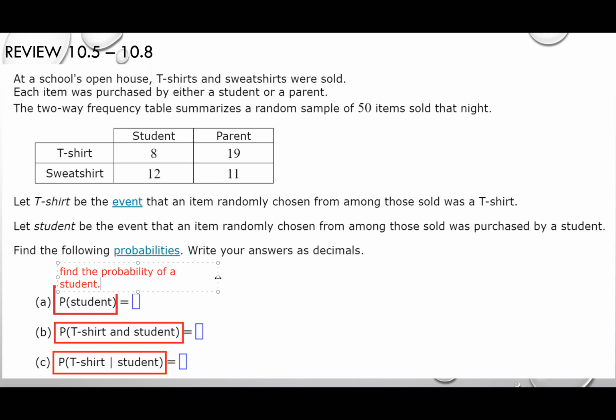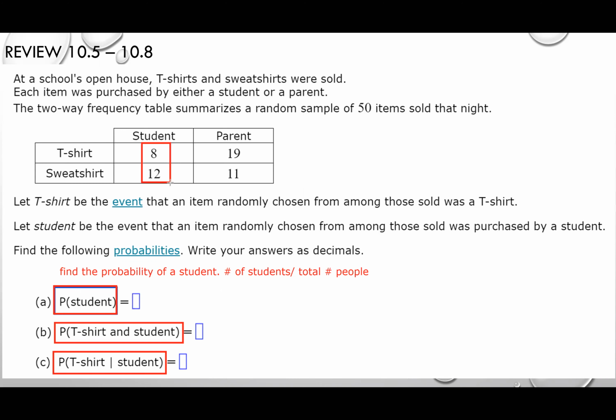So how do I find the probability of a student? I need to know the number of students divided by the total number of people in this study. Do you agree that the number of students is this?